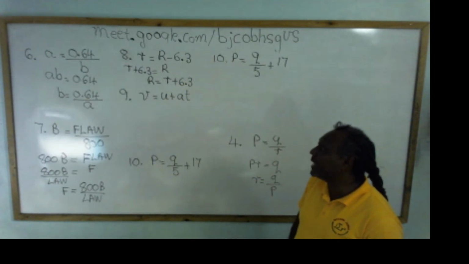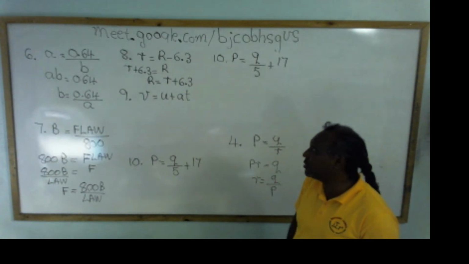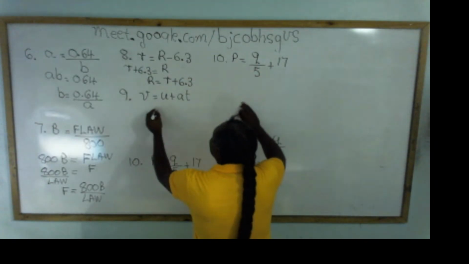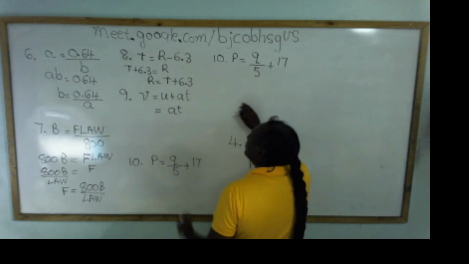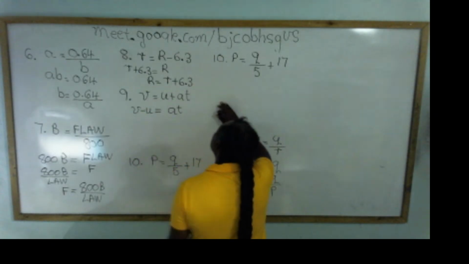So we'll eliminate that U by subtraction. We will subtract U from both sides. When we subtract U from the right-hand side, we just have AT. When we subtract U from the left-hand side, we have V minus U.